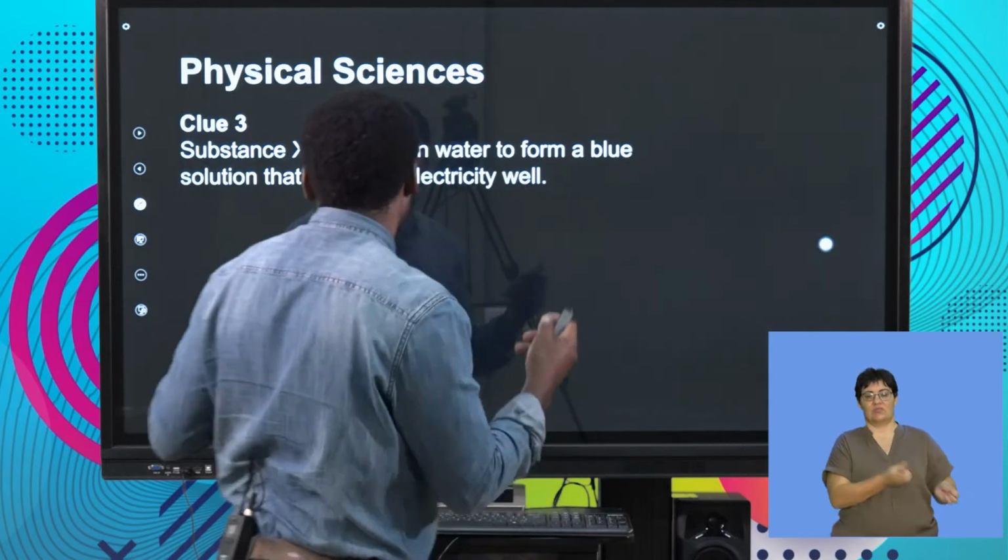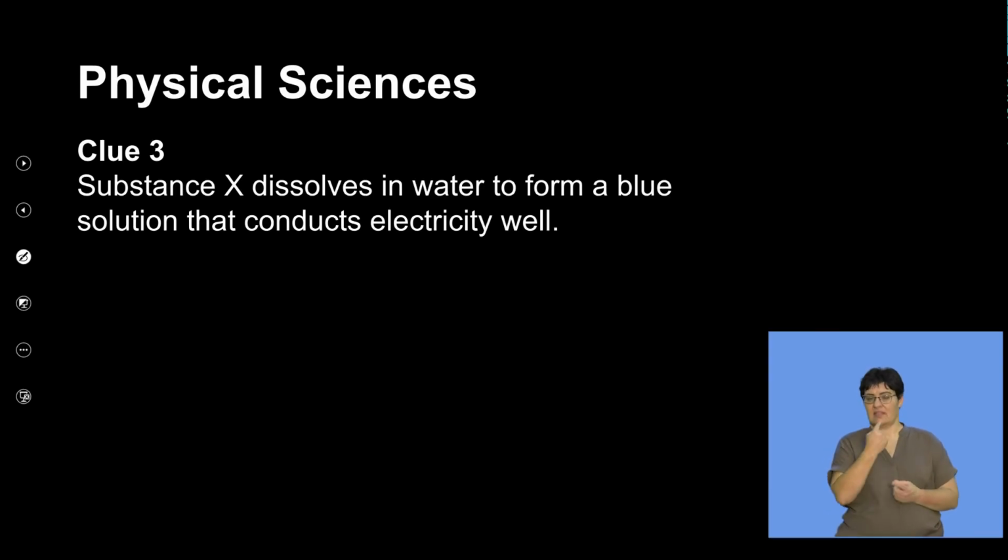So that's what this clue suggests to us. So the dissolving part has to do with solubility. Solubility is the extent of a substance dissolving in a solvent. Water, in other words, is a solvent. It's the medium in which the dissolution occurs, right?